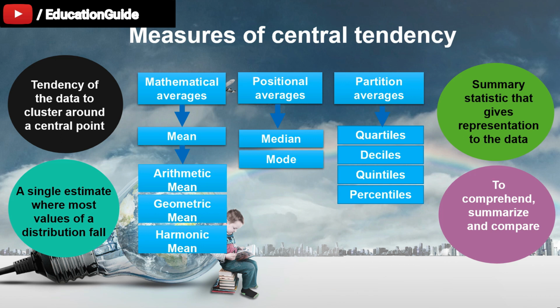If you are yet to go through and understand the basics, please watch earlier videos first. We are going to talk about positional average today. These are called positional averages as they depict a particular position and are not affected by outlier entries.